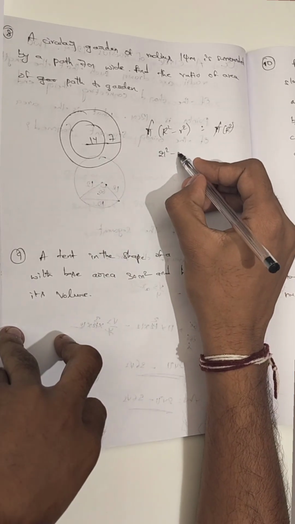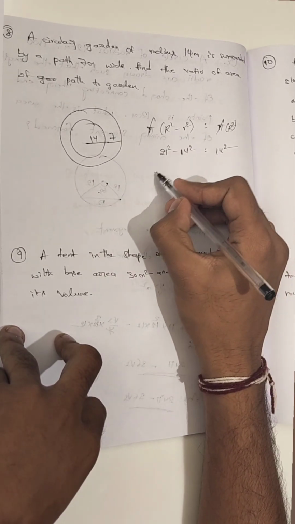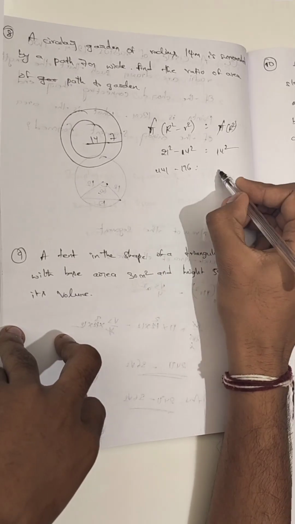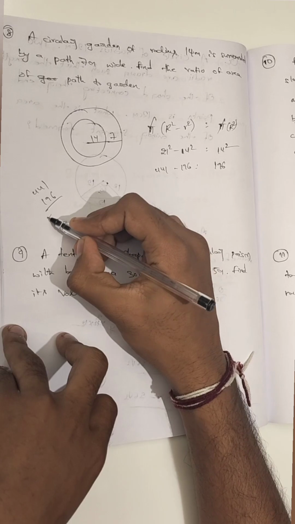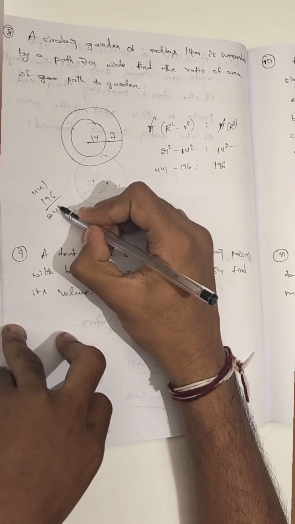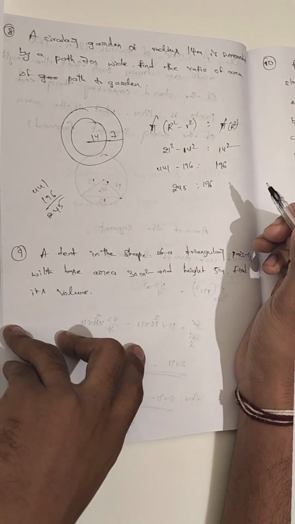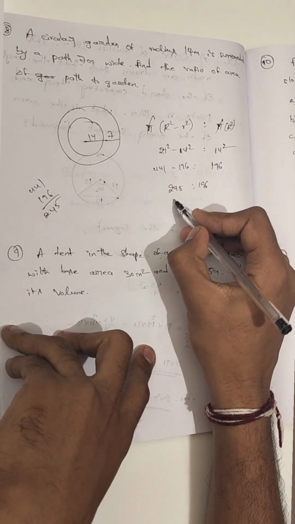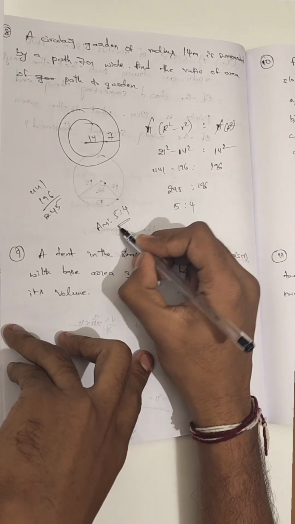It is 14 square is to r square. It is 14 square. 441 minus 196 is to 196. 441 minus 196 becomes 245. 245 is to 196. By cancelling the 49, it is 5 times, it is 4 times. The answer for this question is 5:4.